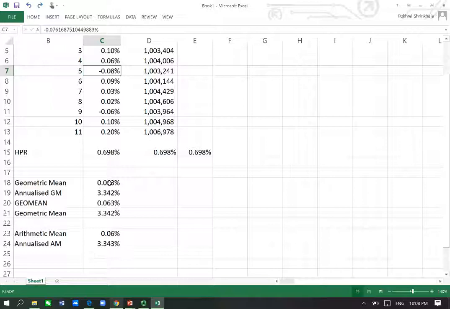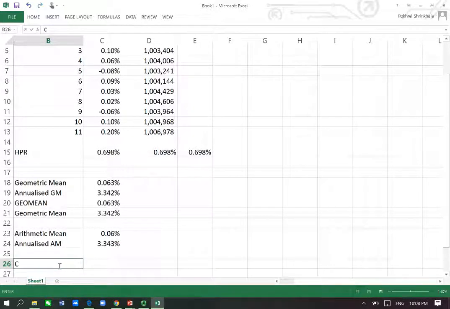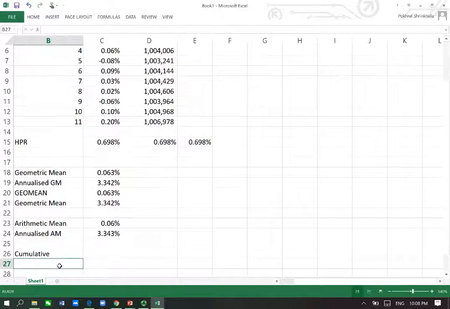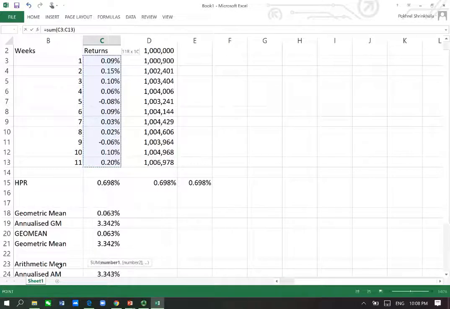So what we will do now is look into the cumulative return. Cumulative return is basically the compounded result of the returns for each period.